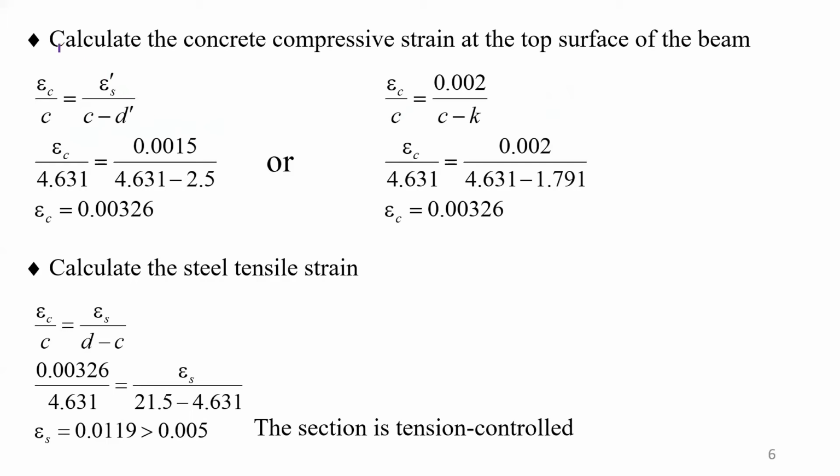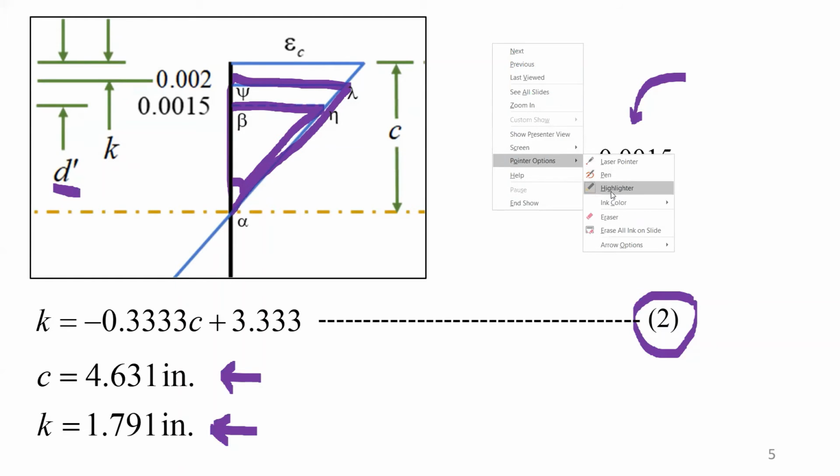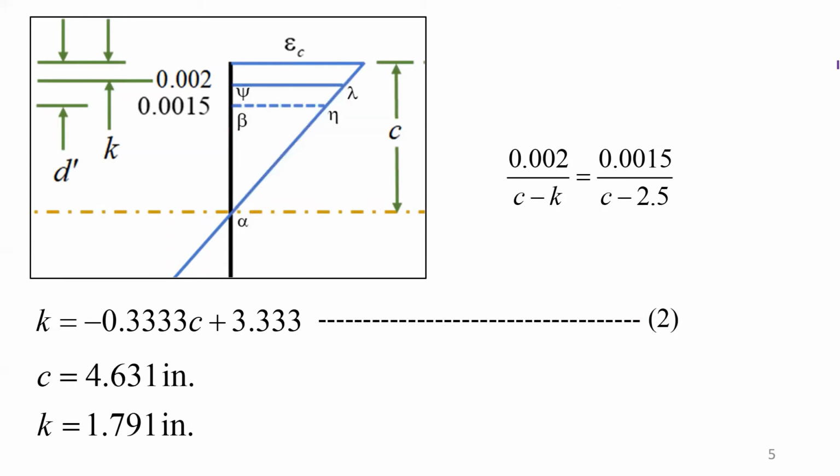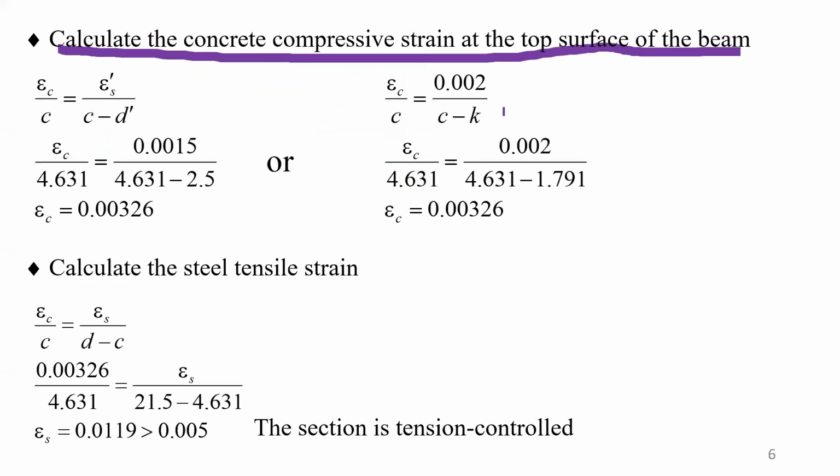Calculate the concrete compressive strain on the top surface of the beam. Here we're going to use the concept of similar triangles, but this time we're going to use this triangle and this triangle. Or we can use this triangle and this triangle. If we do so, we will get epsilon c over c must be equal to epsilon s prime over c minus d prime.